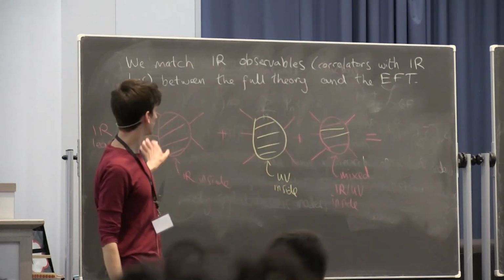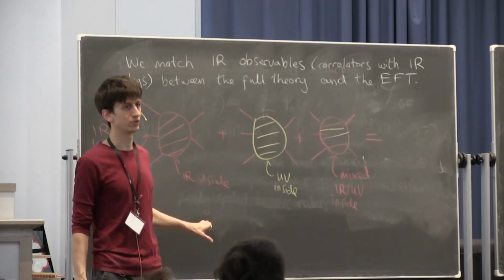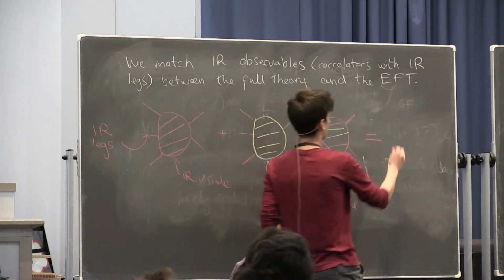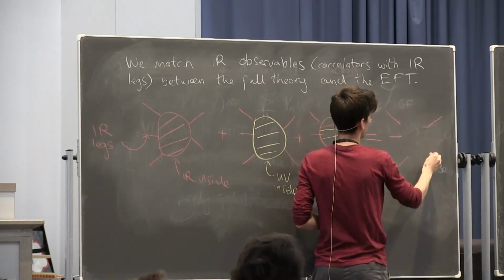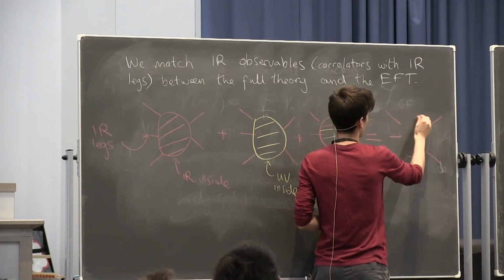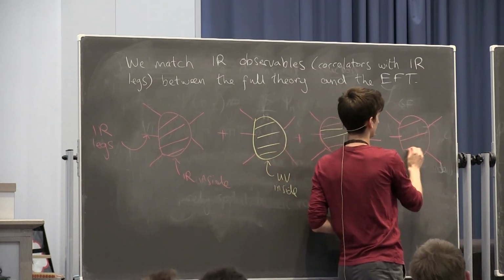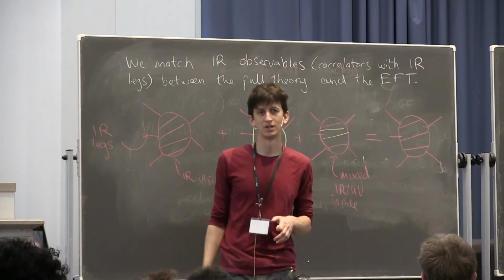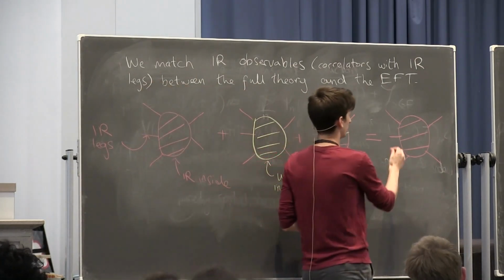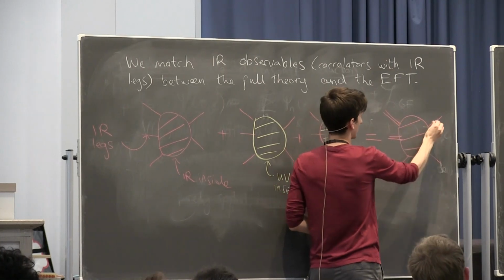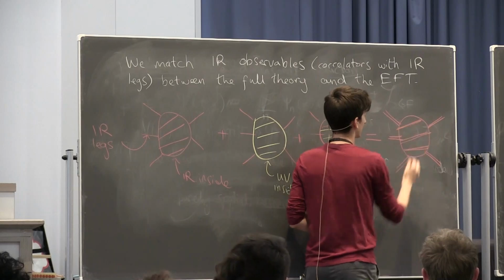And this is the calculation in the full theory where I have all of the modes. In the effective theory, I only have these diagrams with infrared modes. Except I don't have to choose the same parameters. I can choose different parameters in the effective theory, and hence have different looking legs and different looking inside bits.